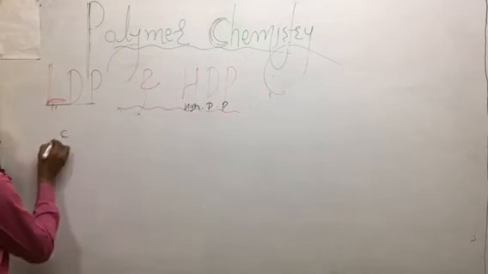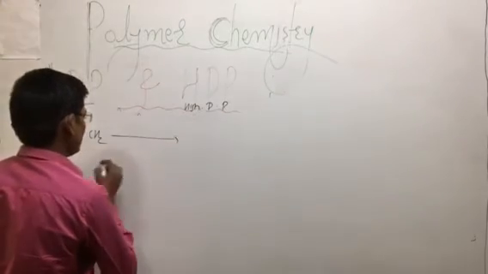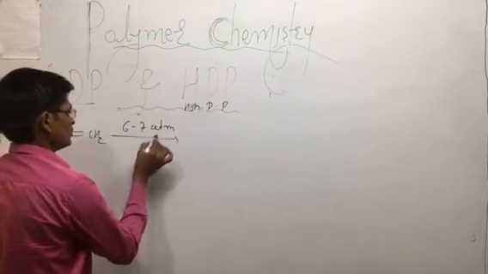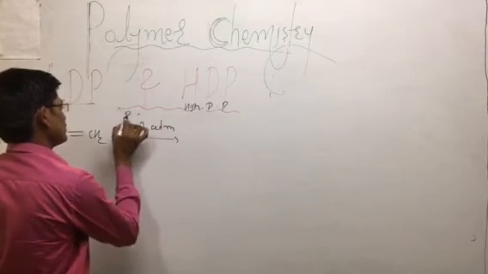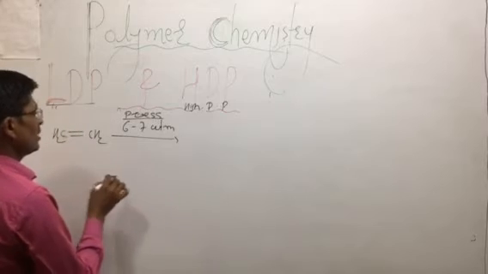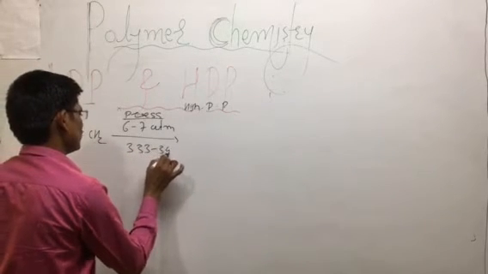This ethene molecule CH2=CH2 is treated at 6 to 7 atmospheres pressure, and the required temperature is 333 to 343.